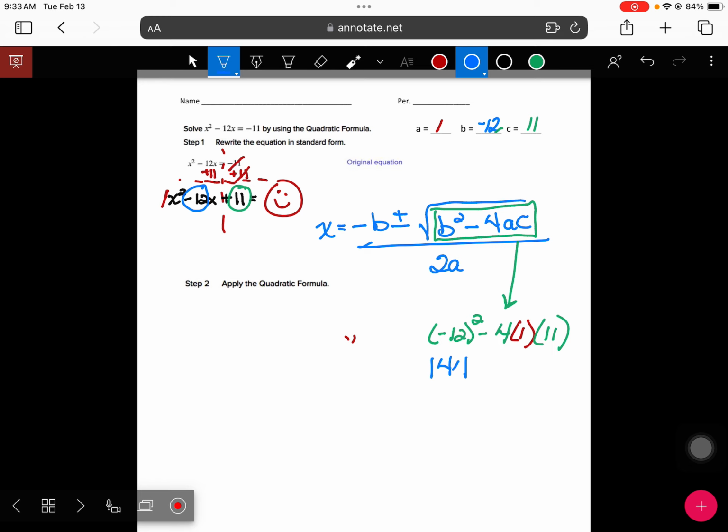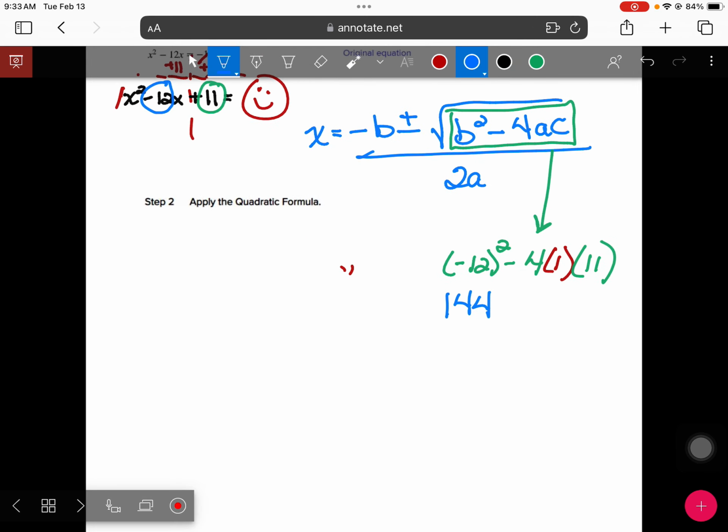And make sure, especially if you have a negative, that you put it in parentheses. So 144 minus 4 times 1 is 4, and 4 times 11 is 44. This is all still the discriminant. 144 minus 44 is how much? 100. That is your discriminant.